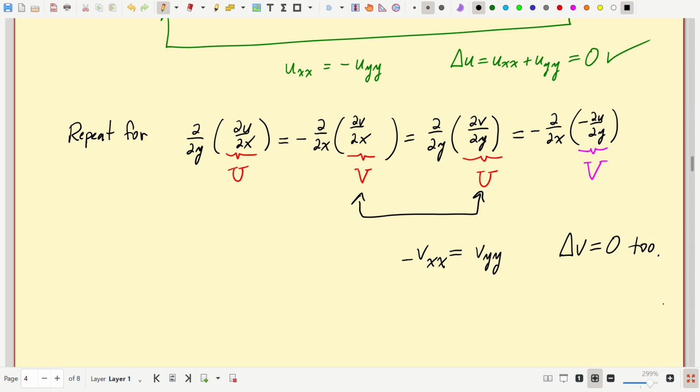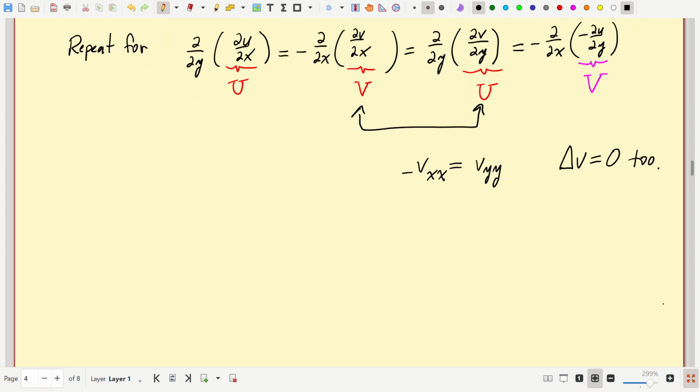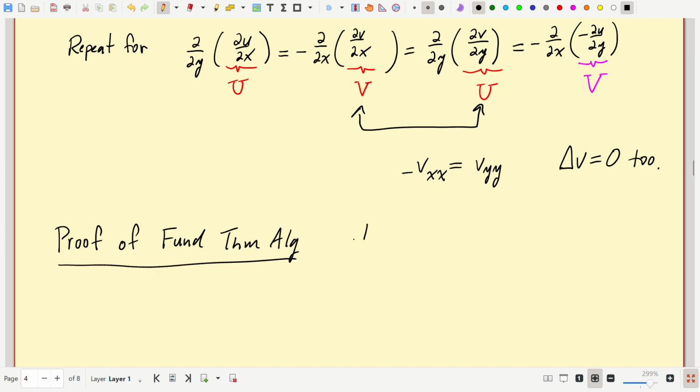So why is this going to be great for us? I'm going to prove the fundamental theorem of algebra using this fact. I'll write 1 over my polynomial, which has no zeros, on the complex plane.